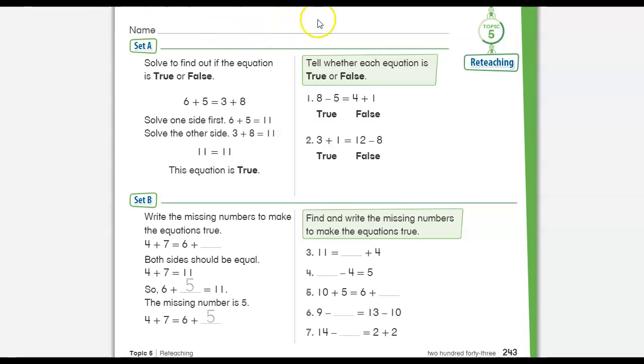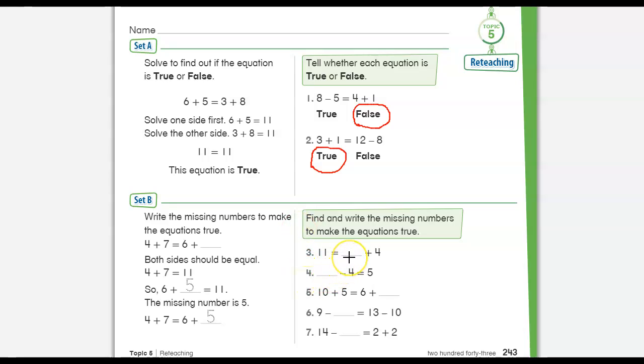So I will put the answers in, I think I'm going to use red this time. So we knew for number 1 and number 2, we said false and true. So I'm just filling those in one more time. And now for our answers at the bottom.